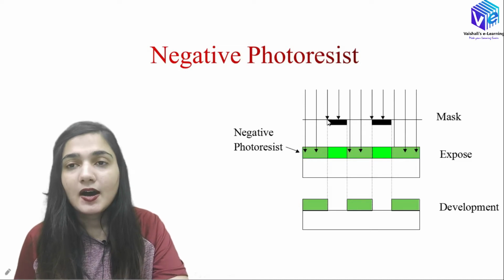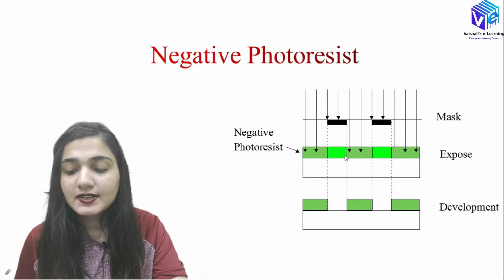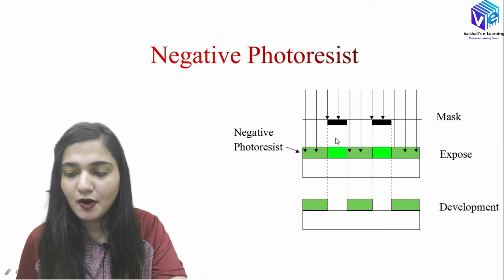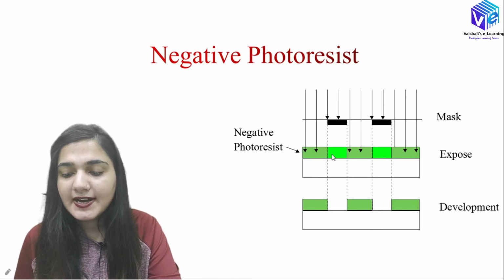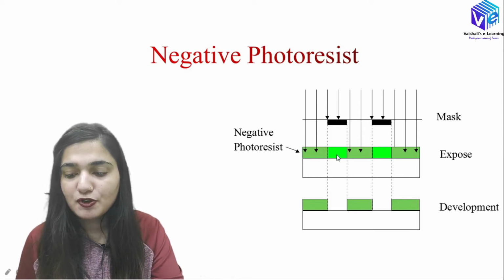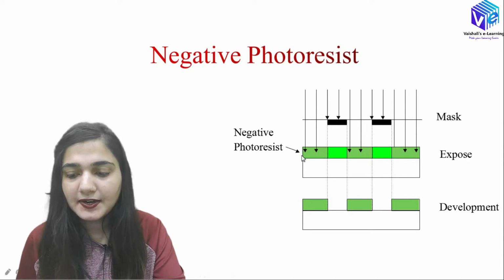The mask keeps the photoresist unexposed, so this portion is unexposed from the light. This is the light which is falling on our wafer, and this mask prevents the light from falling in this particular region. Here also the light is not falling on the substrate, and this is the reason this light green portion is the softer portion and this olive green portion is the hardened portion.